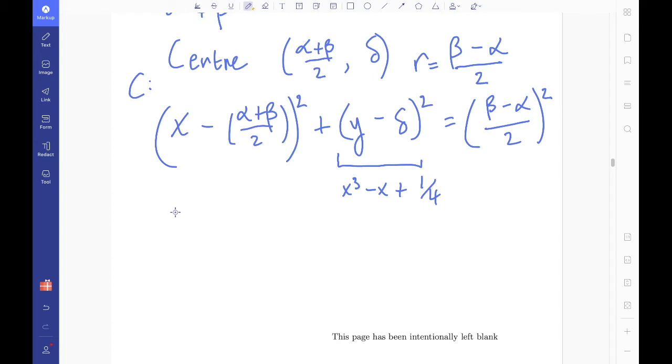So we actually know 2 of the solutions to this equation, 2 of the solutions to where the circle intersects the curve up above, and they are at alpha and beta for x, because they told us that they're the ends of a diameter. So I'm going to use gamma prime to denote the third solution.